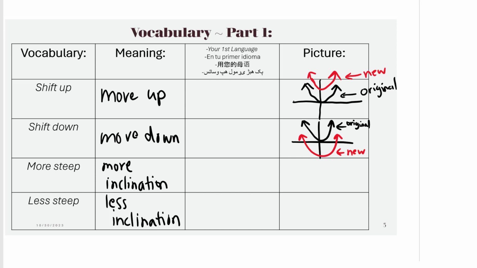So this is a normal graph. And then this is more steep. This is your normal graph. And then this is less steep.